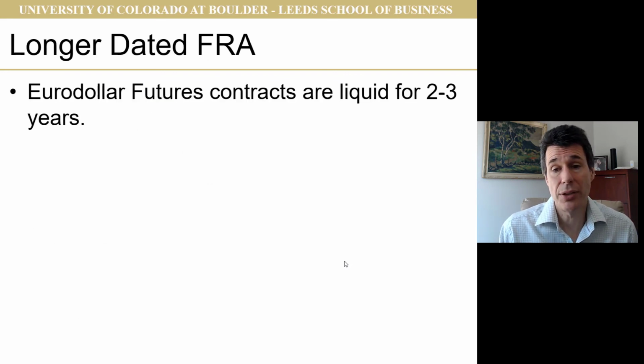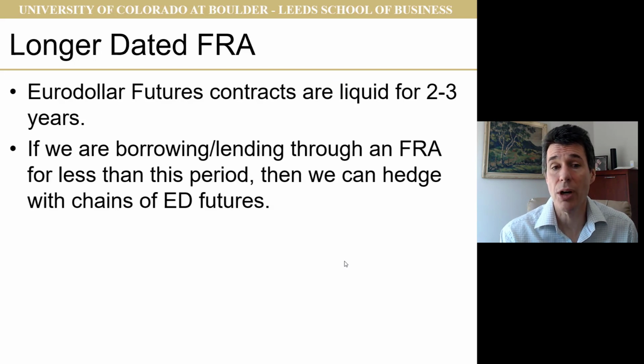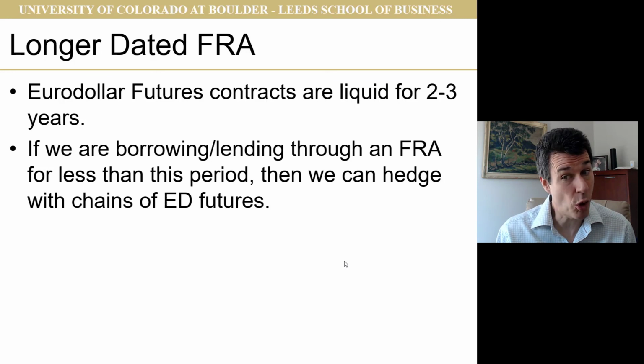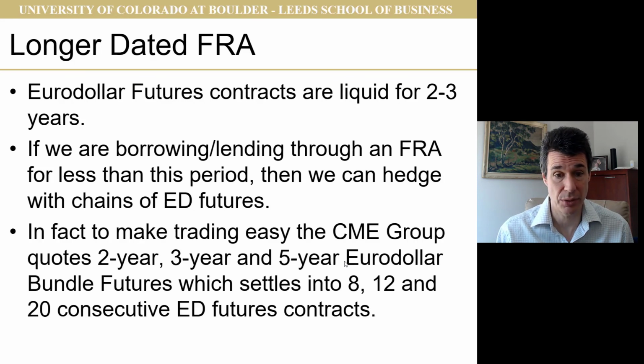Now, Eurodollar futures contracts are liquid for 2 to 3 years. If we're borrowing or lending through an FRA for less than 2 to 3 years, or if the whole FRA matures in less than 2 to 3 years, we can hedge with what are known as chains of Eurodollar futures contracts.